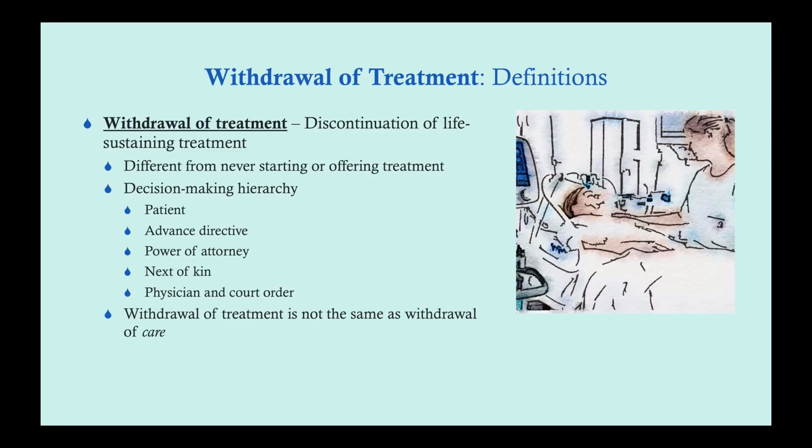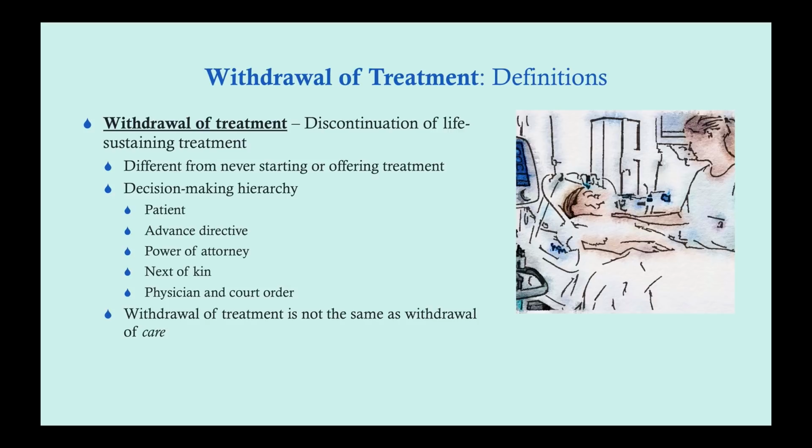There's a decision-making hierarchy. Obviously, the patient is number one. Then whoever's listed on the advance directive should that patient become incapacitated. If there isn't anything or there are issues that are not made clear by the advance directive, then it goes to the power of attorney.